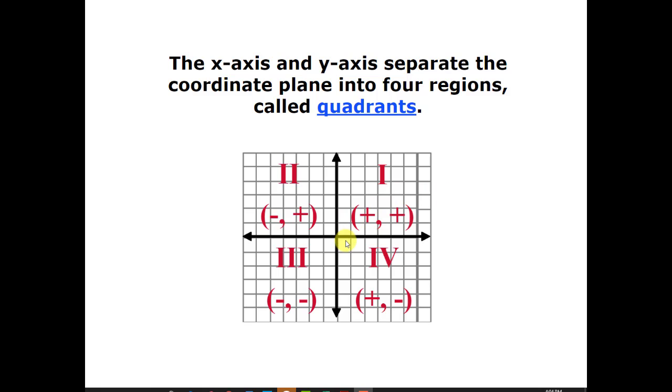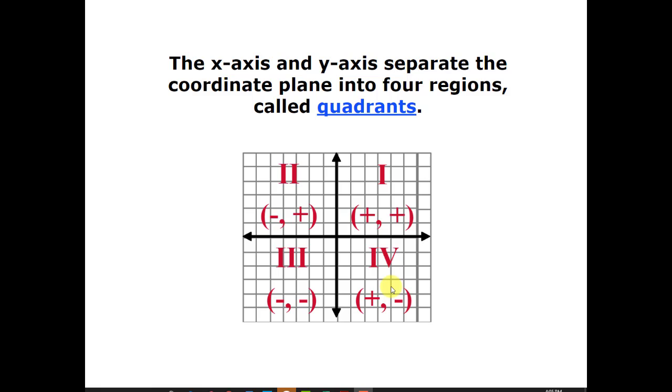In quadrant 4, they would have the same signs as well, but this time I would go over in the positive direction on the x and down in the negative direction on the y. So all my x values would be positive and all my y values would be negative.